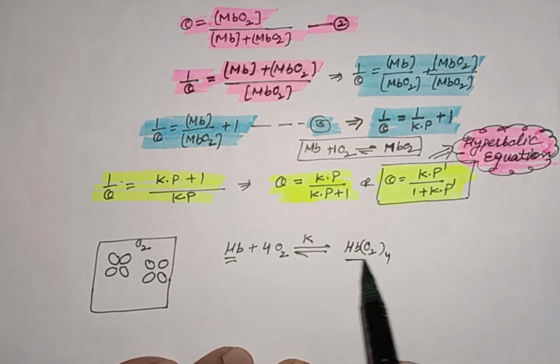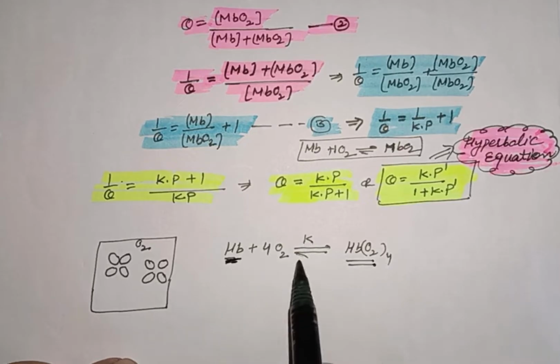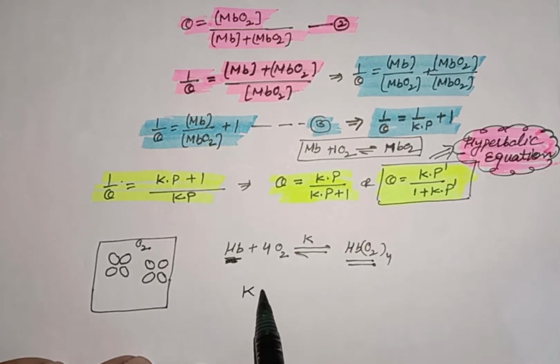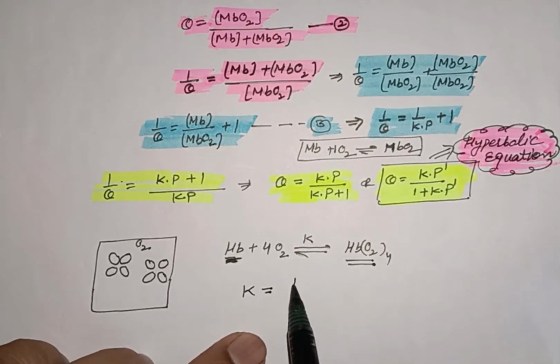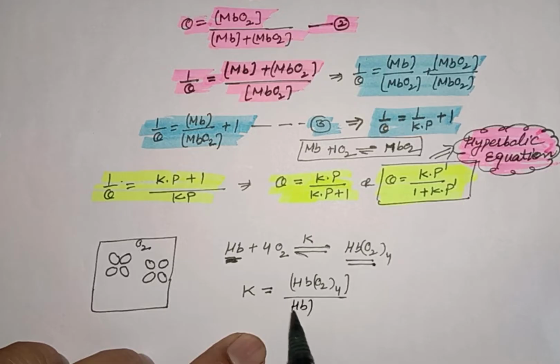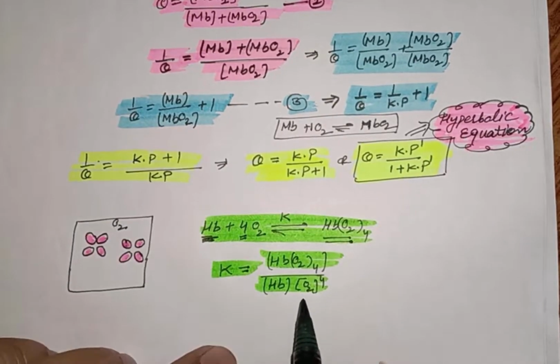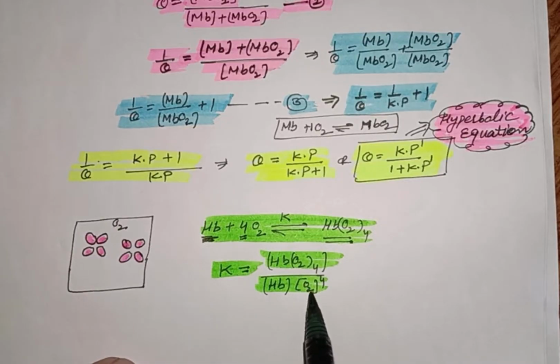This is our oxygenated hemoglobin, and this is our naked hemoglobin. So the value of K is the concentration of the oxygenated hemoglobin divided by the concentration of the naked hemoglobin multiplied by the concentration of O2 to the power 4, because the stoichiometry of oxygen here is 4, and we replace the concentration of oxygen with the partial pressure of oxygen.